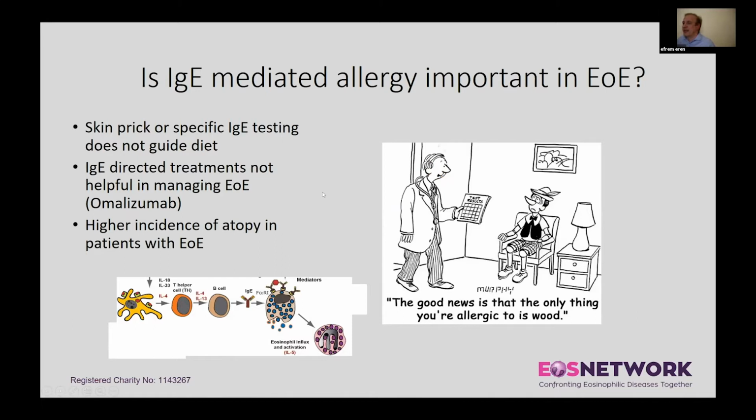So as Sharon said, we thought initially that IgE allergy was relevant to eosinophilic esophagitis, and we were initially doing skin testing. In my allergy clinic I was starting to be referred lots of EoE patients just for skin testing, to see if that could help decide on dietary intervention, but it really doesn't work. It's not helpful. There's no need for that in that context.